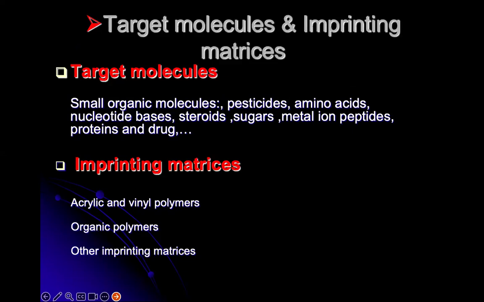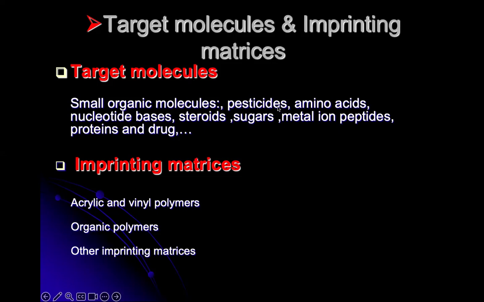Target molecules as well. It can be difficult if the molecules that you are targeting is very small. Okay, it can be very difficult. If you are targeting big molecules, then it is quite easy. Okay, so you can see that for the target molecules, there's a lot of variety.